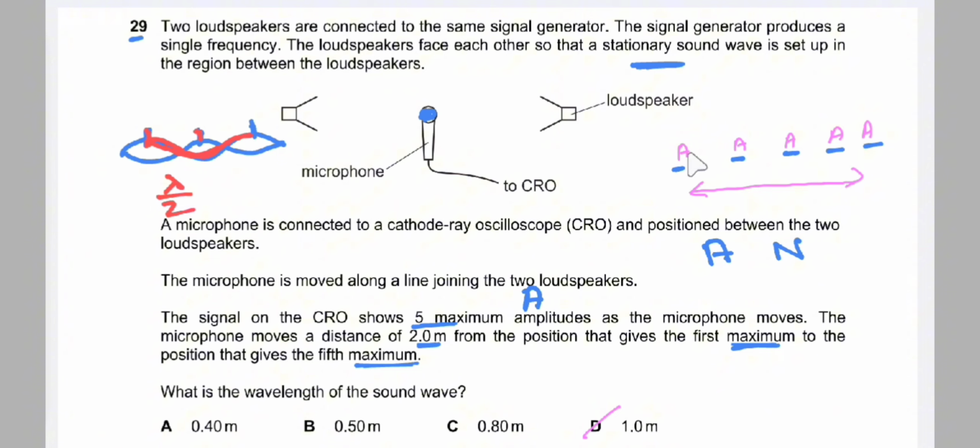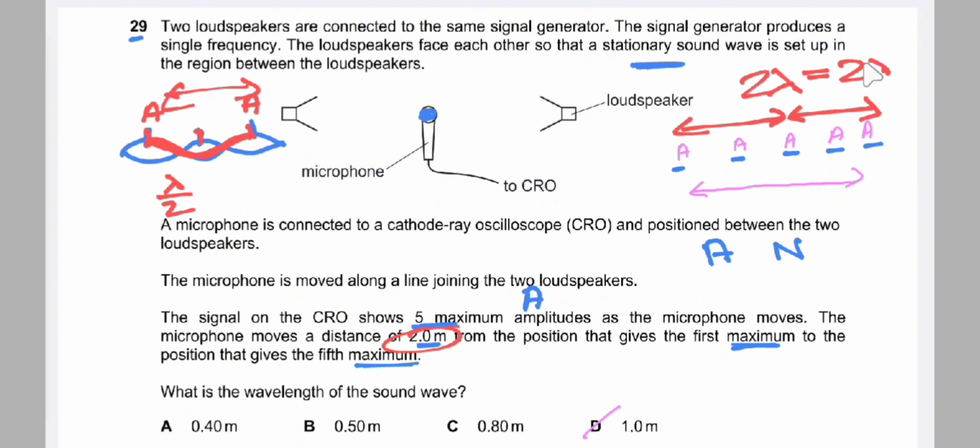From one antinode to another and then another is one complete wave, that is one wavelength. So from the first to the third antinode is one wavelength, and from the third to the fifth is one wavelength. In total, 2 lambdas are completed in a distance of 2 meters. So 1 lambda is 2 by 2, that is 1 meter. So the wavelength is 1 meter.